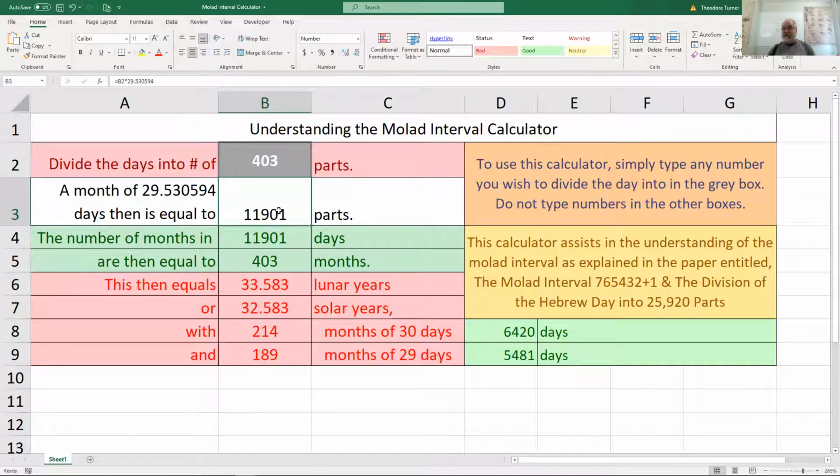But what this does give us is a representation that's quite interesting. We also know, if that's the case, that 11,900 days is going to be 403 months. So that many months is 33.58 lunar years, or 32.53 solar years.